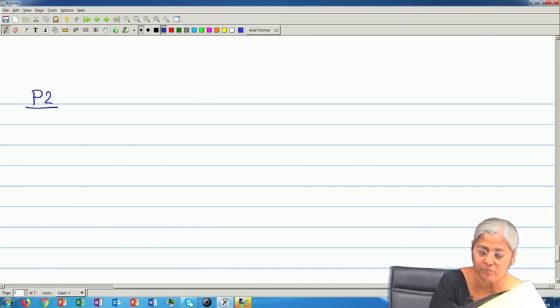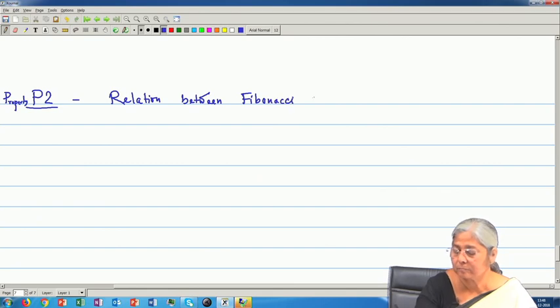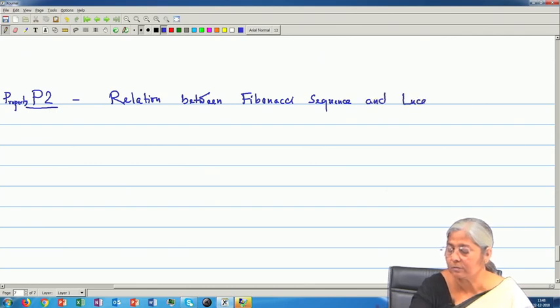So, one property we have seen, where we give the relation, this gives some relation between the Fibonacci sequence and the Lucas sequence.